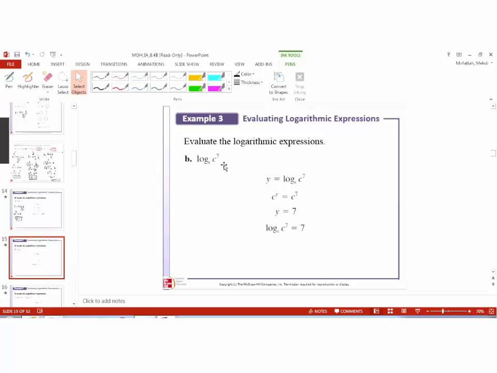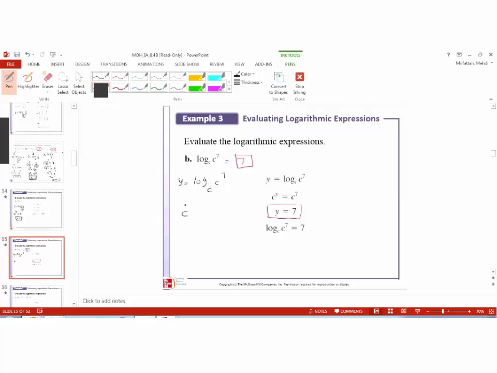So this one here, if you remember the property, because the base of the logarithm and the base of this argument are the same, the whole thing must be equal to 7. So you don't really have to do anything if you don't want to. Or you can write it like we did, y is equal to... if you forget this, you can always write it down and start from scratch.